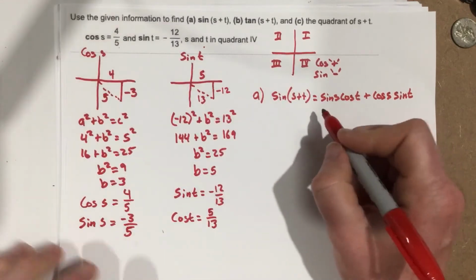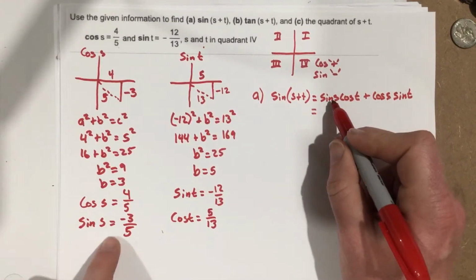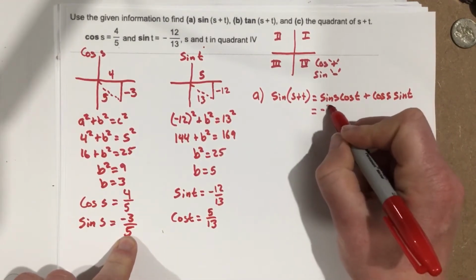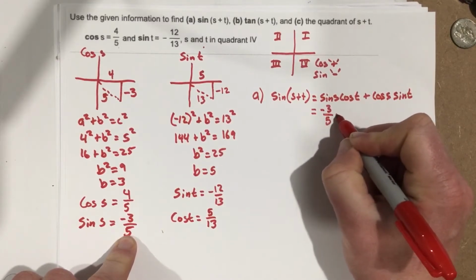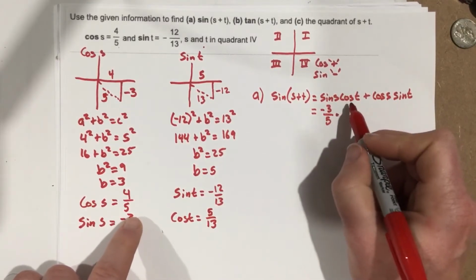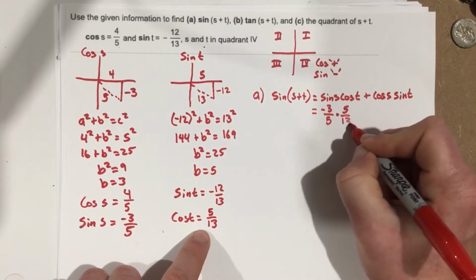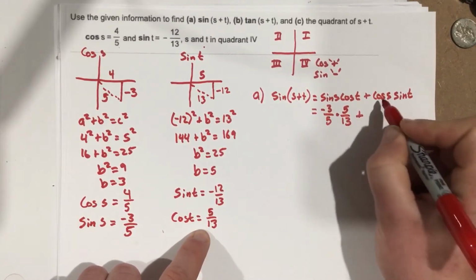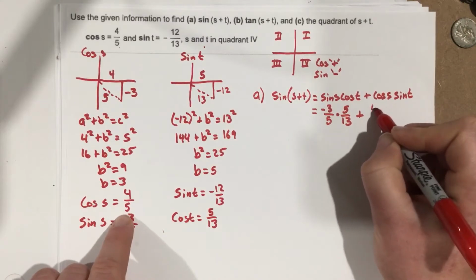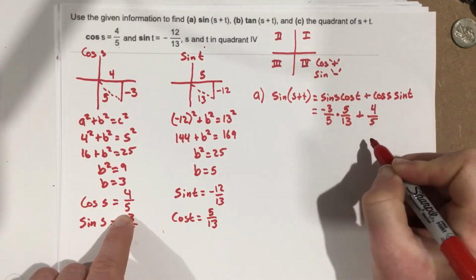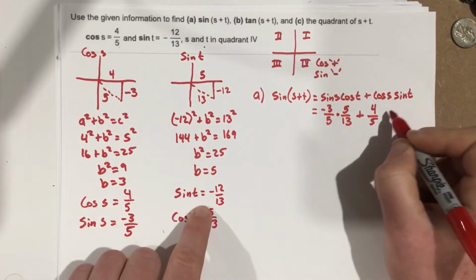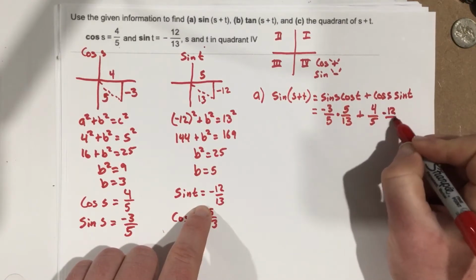We know that sine s is negative 3 over 5, which we figured out using our triangle. We know cosine t is 5 over 13, plus cosine s, which is 4 over 5, and sine t, which is negative 12 over 13.